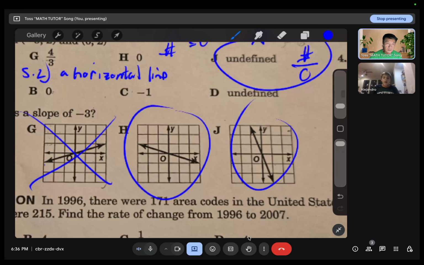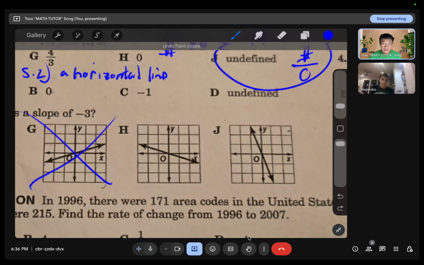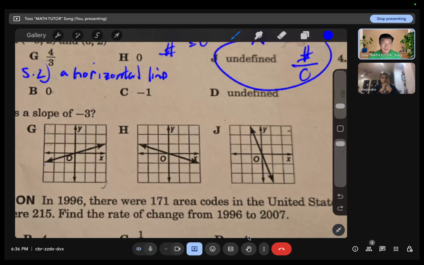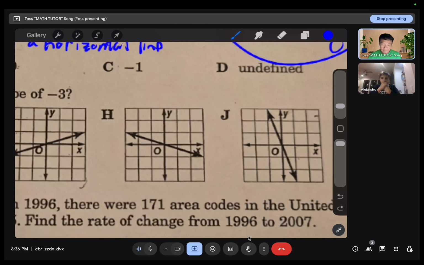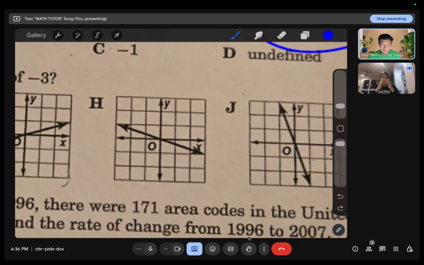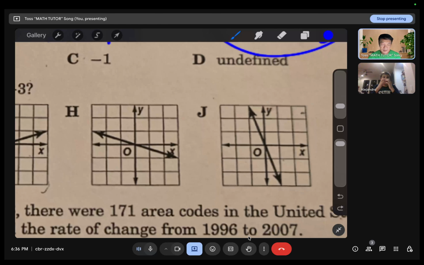So one of these is going to be the answer. From left to right, no kidding, just like that. The slope sign dictates how the graph looks also, besides just doing the math. Okay, there's more to it too, but let's go ahead and make an educated guess. Do you think it's H or J?